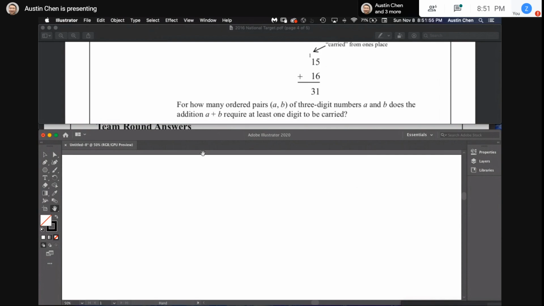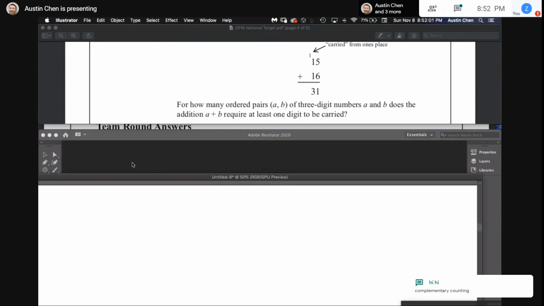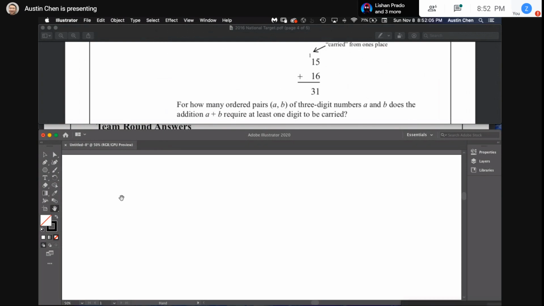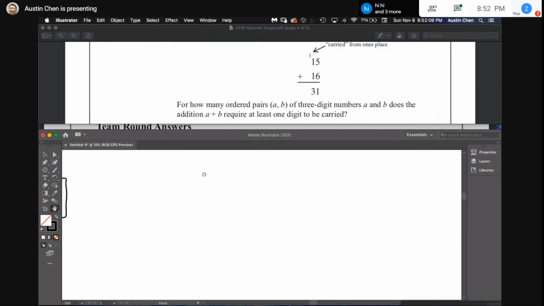And then subtracting that from the total 3-digit numbers. Counting if you have no carries is probably easier, and you can just subtract that from the total number of cases. So let's do that.